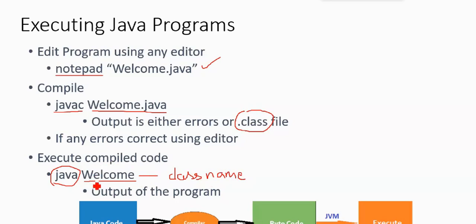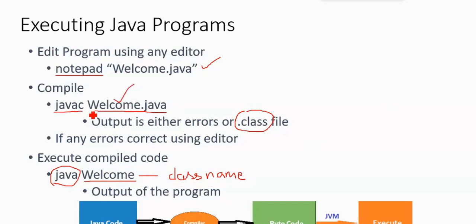For this reason, in the previous class I asked one question: can I save the Java file with a name other than the class name? 50% answered yes and 50% answered no. The output of the Java compiler is only the class file, so the file name you can give anything.